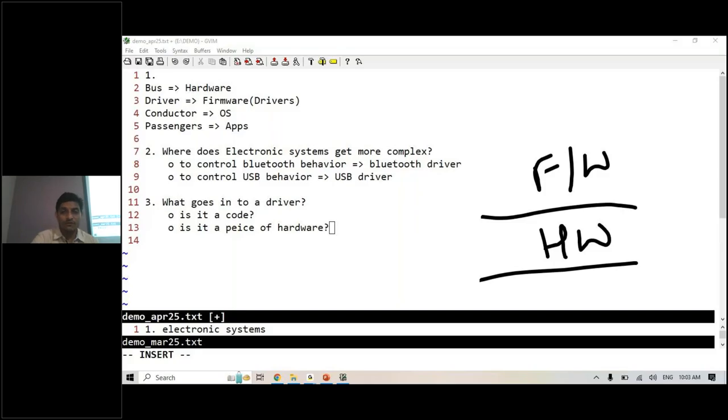So when firmware wants to control the hardware, it is a piece of instructions. Which language is it present in? Can someone tell me? Whatever code I'm showing, this one, what do you think this language is?